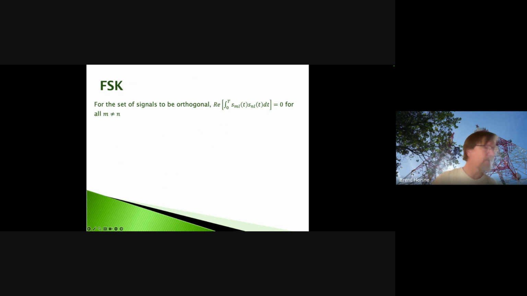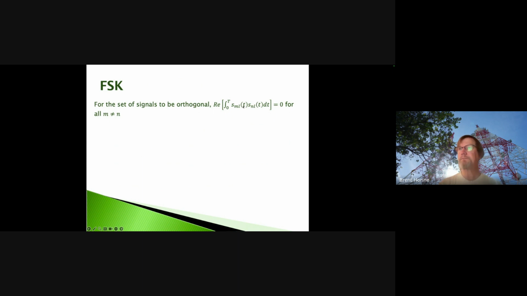We want these signals to be orthogonal so that we can easily extract one symbol and not have it interfering with other symbols. That orthogonality condition is: if we multiply two of these symbols together, integrate from 0 to t, and take the real part, that should give us 0.